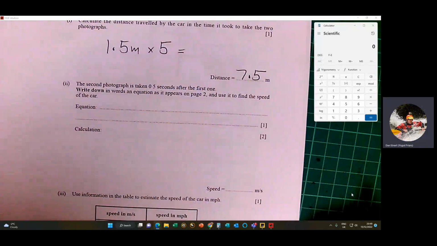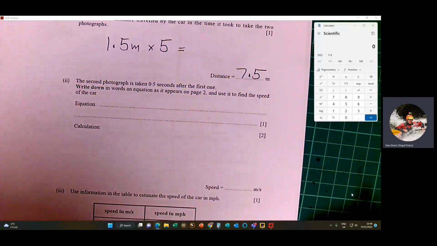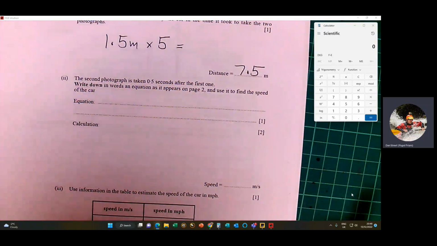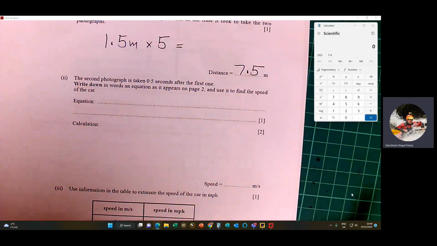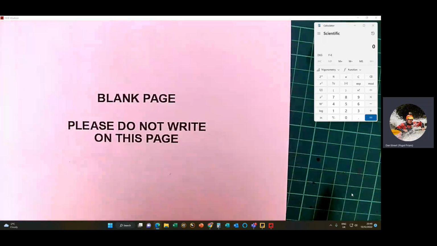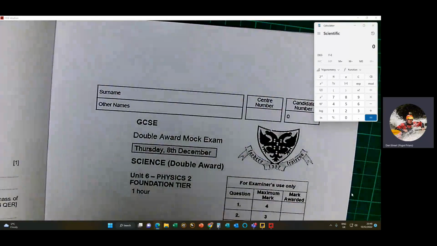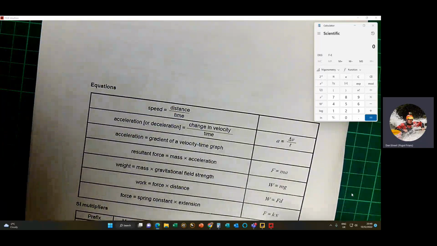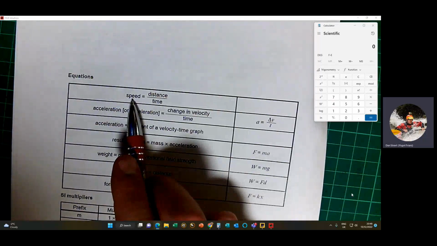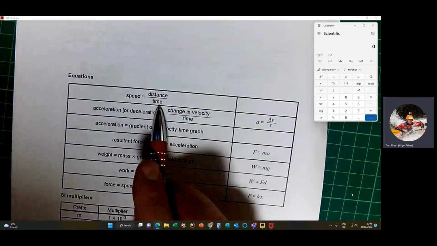In part 2, it tells us that the second photograph is taken 0.5 seconds after the first one. So write down in words an equation as it appears on page 2 and use it to find the speed of the car. If we refer back to page 2, the first page of the exam, then we can see that a suitable equation would be this one here, that speed is distance divided by time.